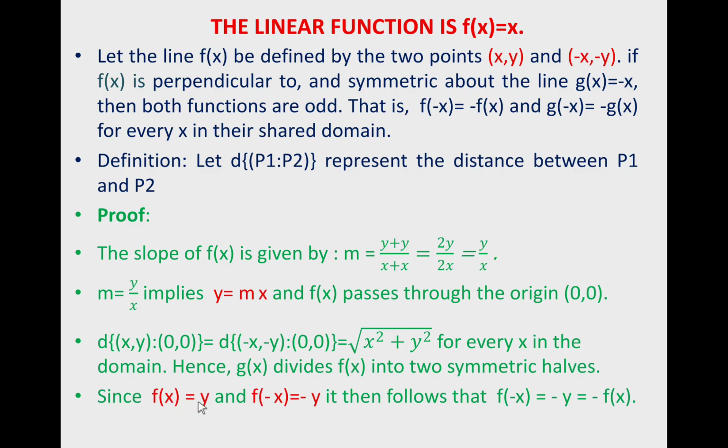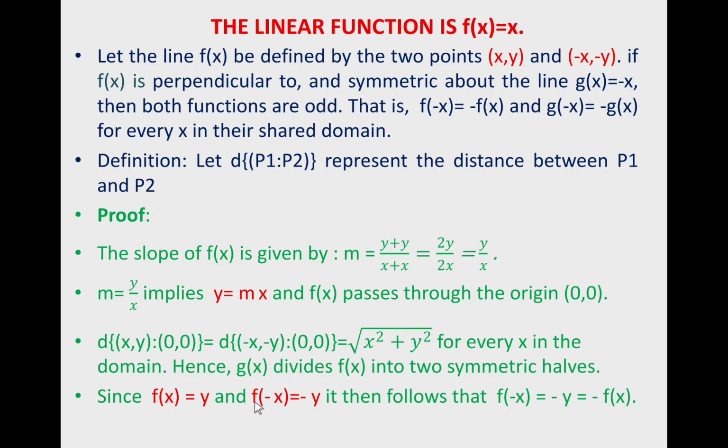We said f of x equals y, f of negative x equals negative y. If we multiply f of x by negative 1 and y by negative 1, then we will have negative f of x equals negative y. And we have f of negative x equals negative y. So if we have this negative y and this negative y, then negative f of x must be equal to f of negative x.